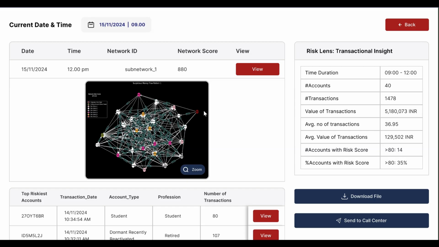The call center team can, with this information, start engaging with the customers involved in these accounts, and question them with respect to the nature of the account. And if they find anything abnormal or suspicious, they could call back and provide this information back to the central office. Central office then can decide whether it is a false positive, or it can be reported to the law enforcement agency, and also to the next bank where this transaction pattern may have shifted.